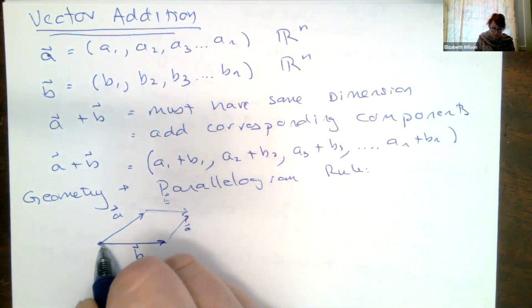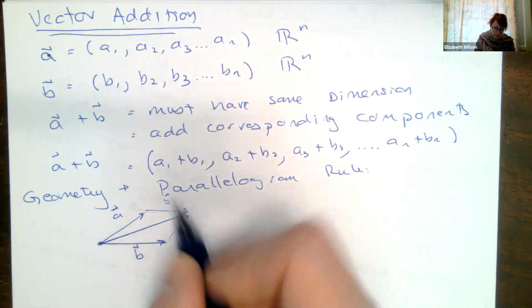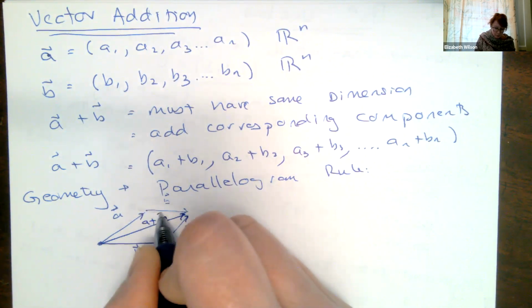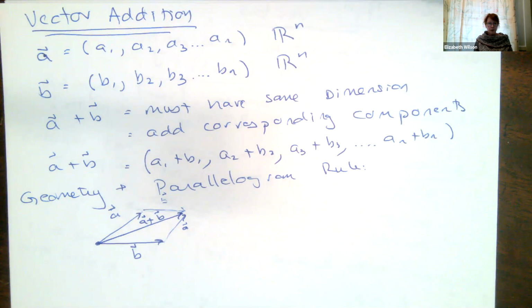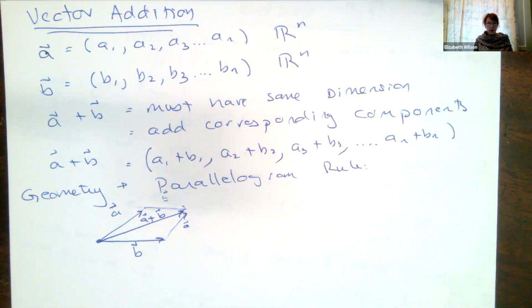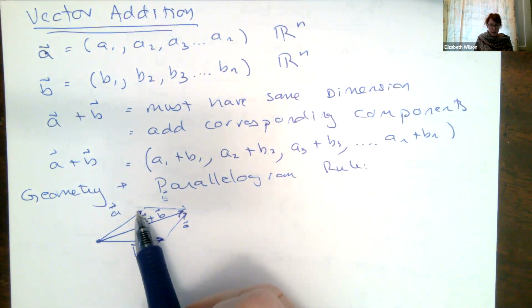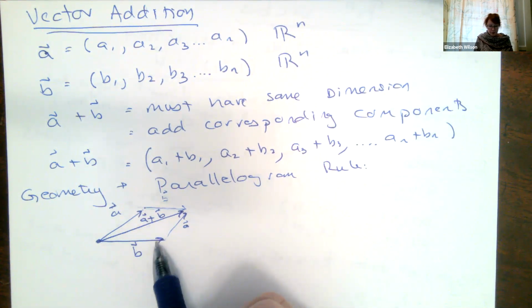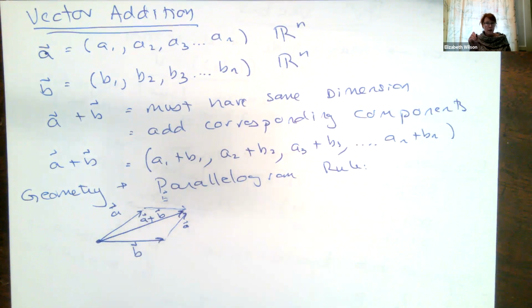The diagonal of this parallelogram is the sum of these two. That's our parallelogram rule. When you add A and B, if you plot vector A and vector B on a graph and plot their corresponding components, you'll see that forms the diagonal of a parallelogram.